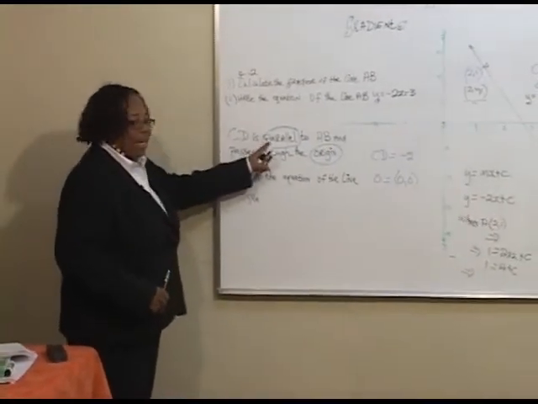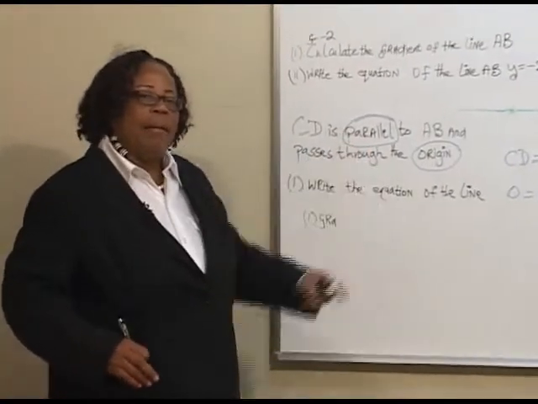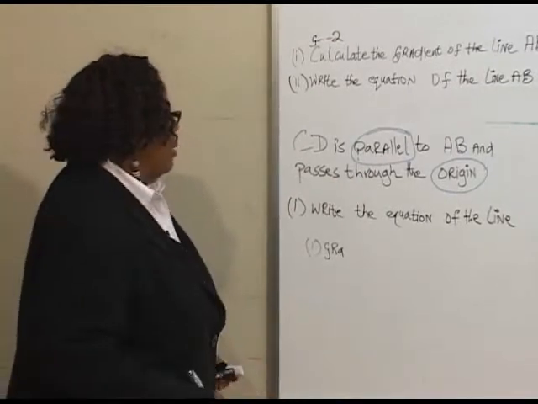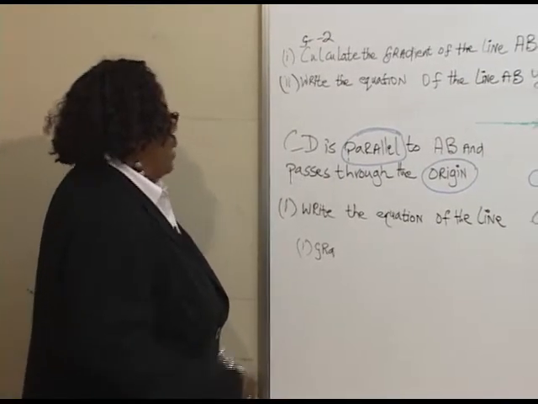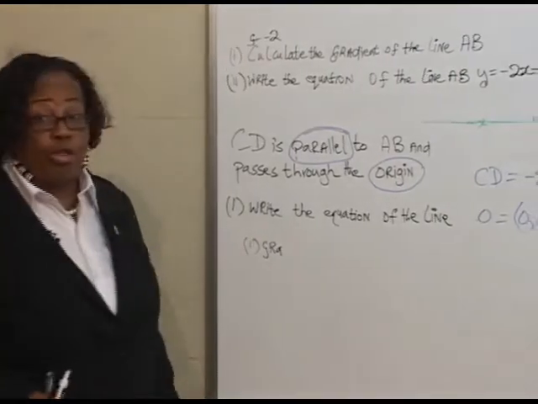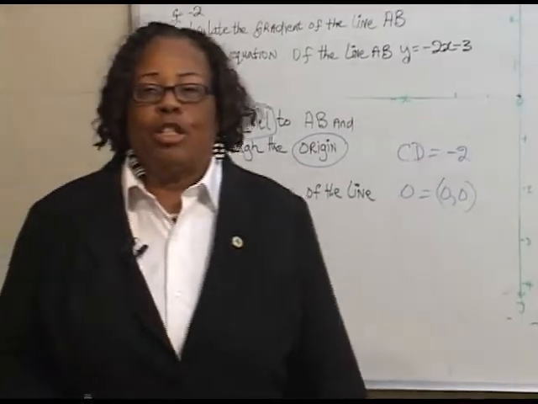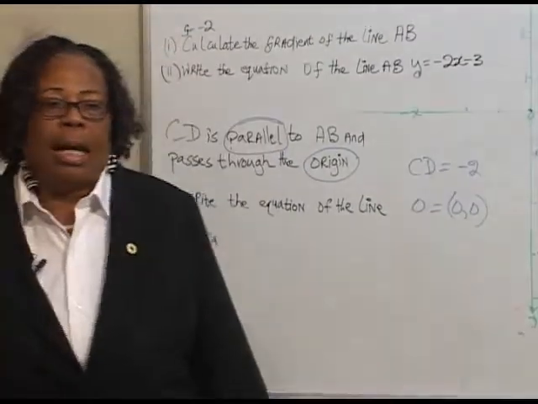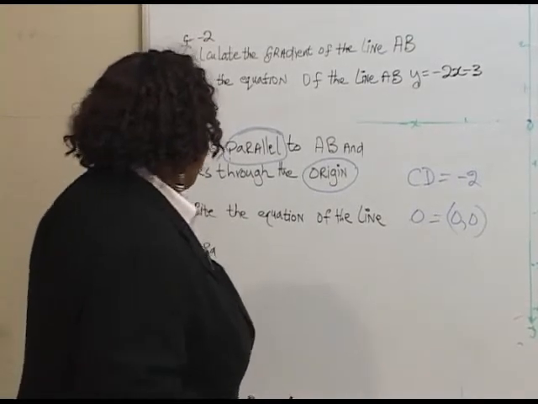CD is parallel, and the mere fact it uses the word parallel means that the gradients are the same. It says CD is parallel to AB and passes through the origin, and we know that the origin would always have coordinates (0, 0). And our definition: any line parallel to another line has the same gradient.